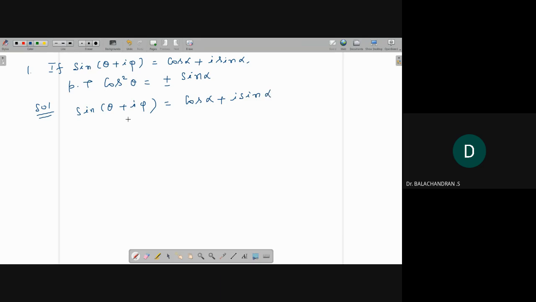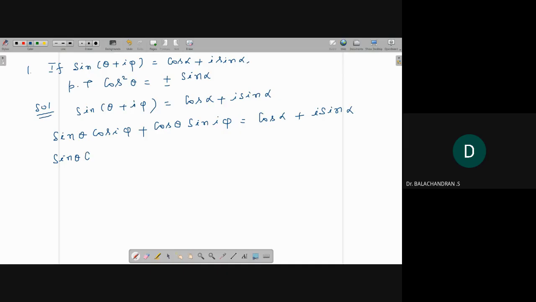Now apply the sin of a plus b formula on the left hand side. So you'll get sin theta into cos i phi plus cos theta into sin i phi. That is the left hand side. Right hand side you have cos alpha plus i sin alpha.